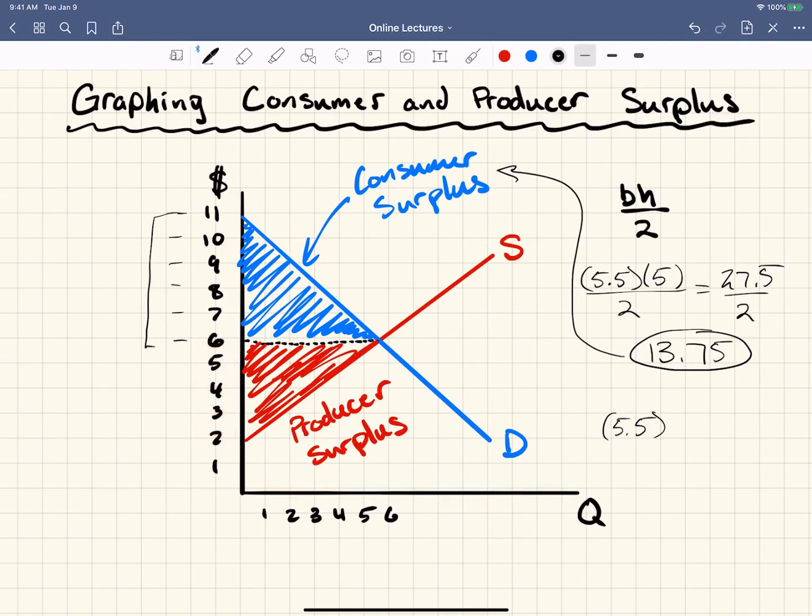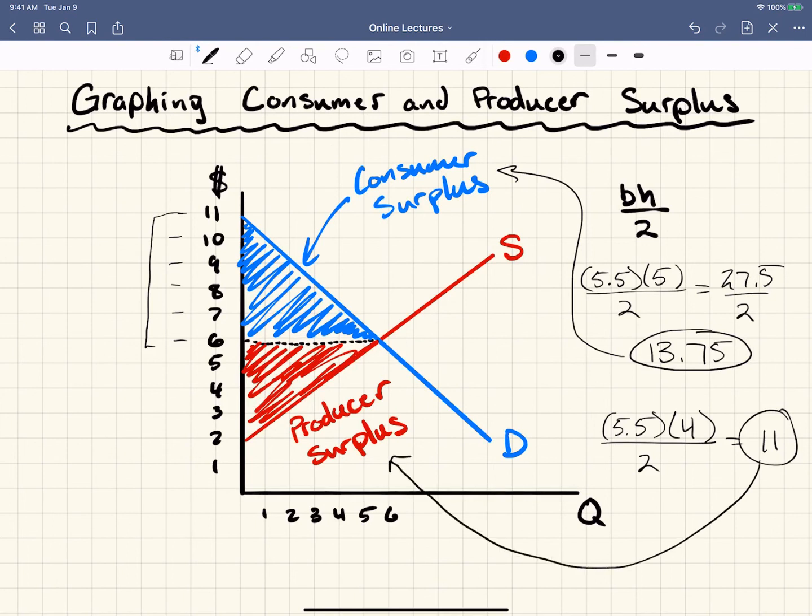So 5.5 times 4 divided by 2 equals 11. So that is producer surplus.